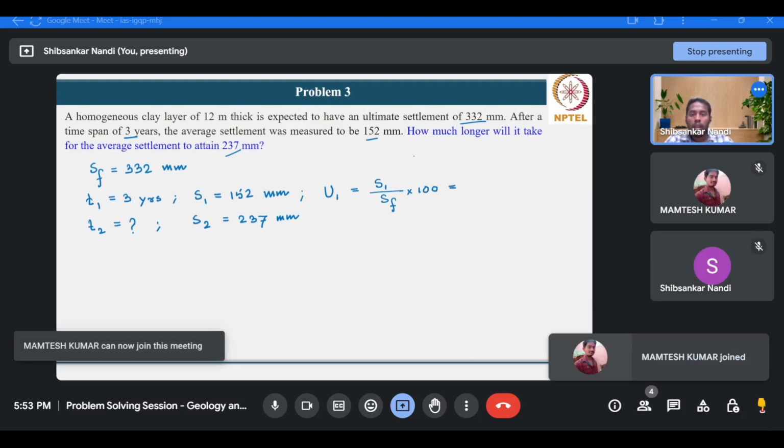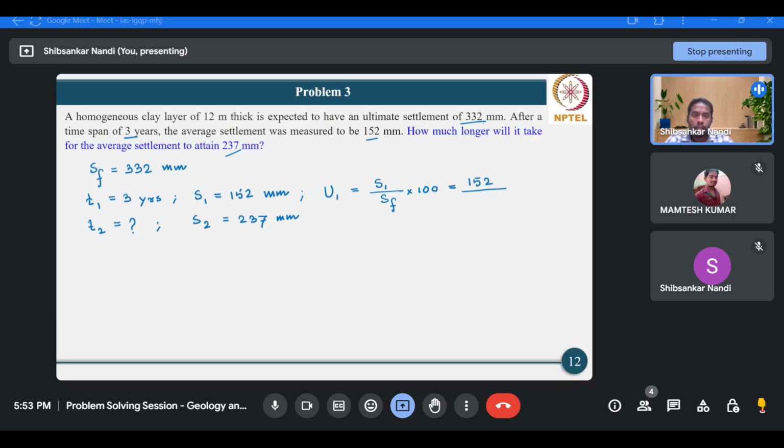Now your S1 is 152 and your SF is 332. So obviously the degree of consolidation would be 45.78 percent.